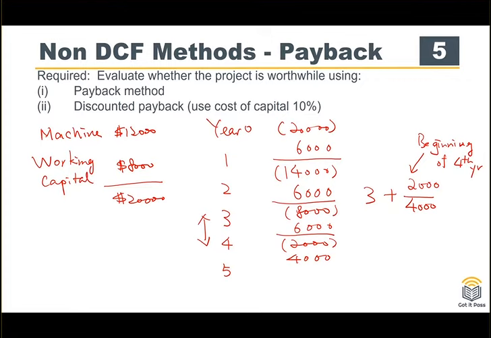Assuming the 4,000 cash inflow comes through the year evenly, the same amount every month, then we have a 3.5 year payback.